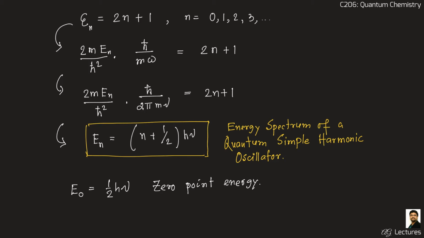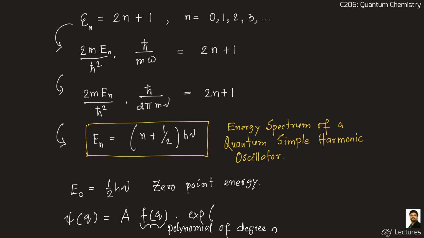Now let us see how the wave functions would look like. We have understood by now that the wave functions will have a general structure given by this form, having some amplitude A. Then we have an F of q, which turns out to be a polynomial, multiplied by the asymptotic form, e to the power minus q square over 2.